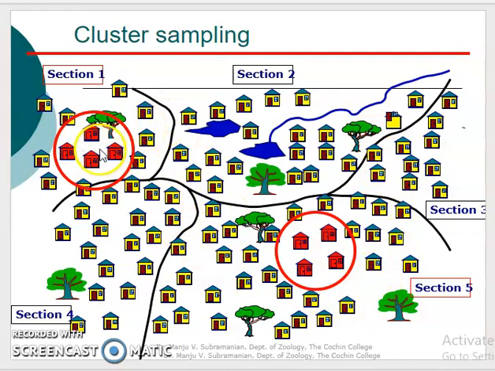I'm just taking only a group. I'm not choosing an individual house from this group. I'm just taking a group of houses called a cluster from a single unit as a representative. That's called cluster sampling.